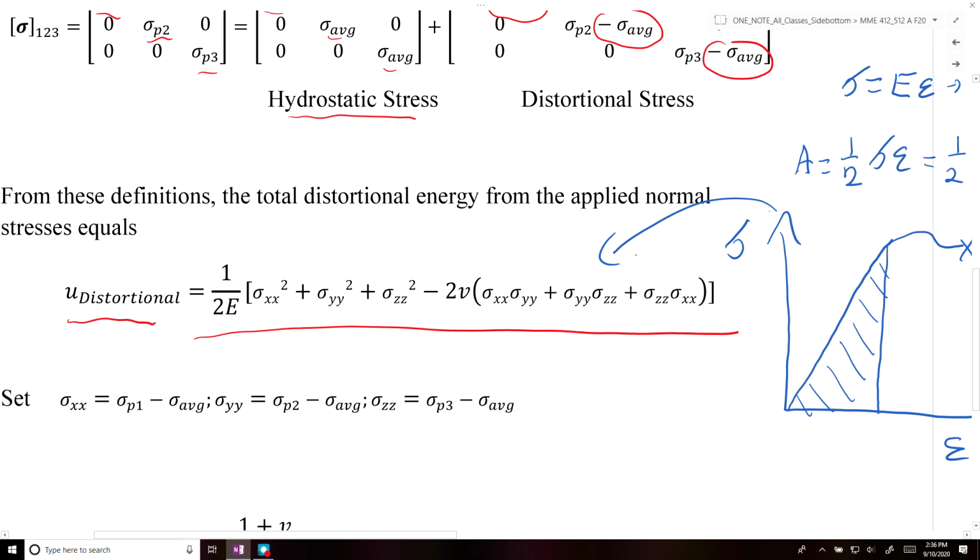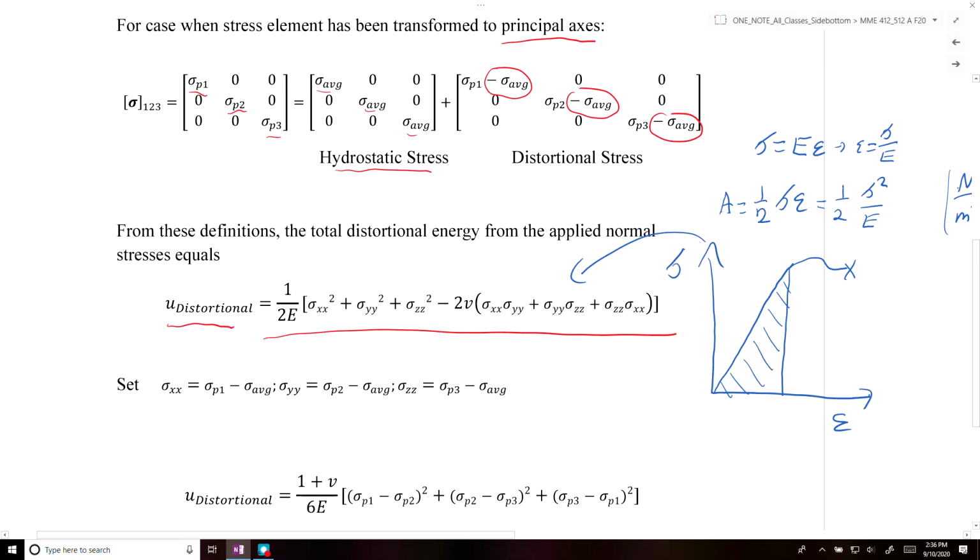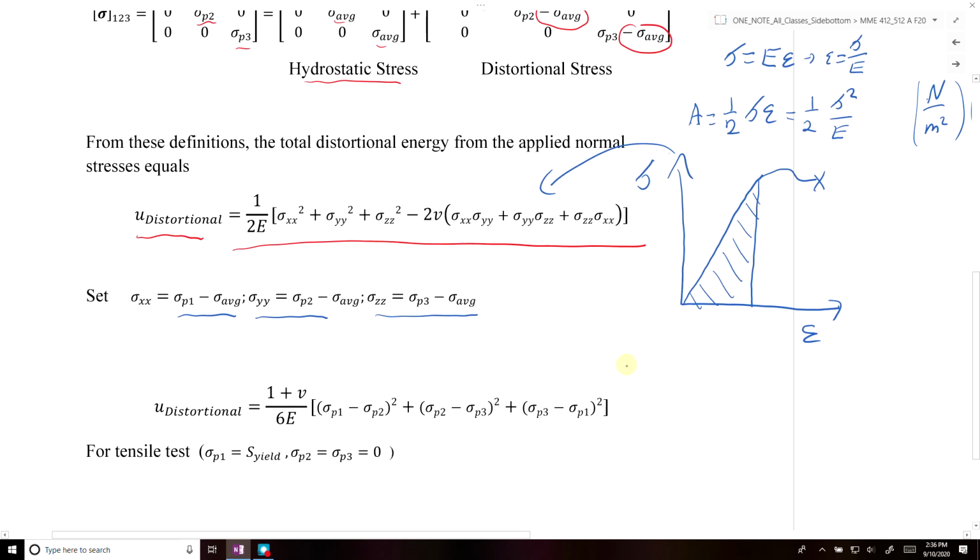If we take our distortional energy term and substitute in some of these values for our principal stress, we end up getting a new equation for our distortional energy, which is just a function of the Young's modulus, the Poisson's ratio, and our three principal stresses, sigma P1, sigma P2, and sigma P3.